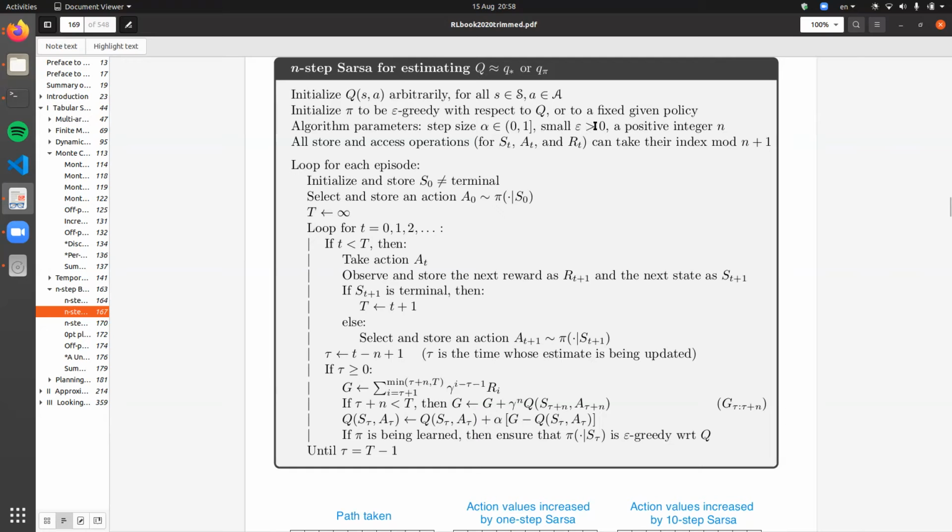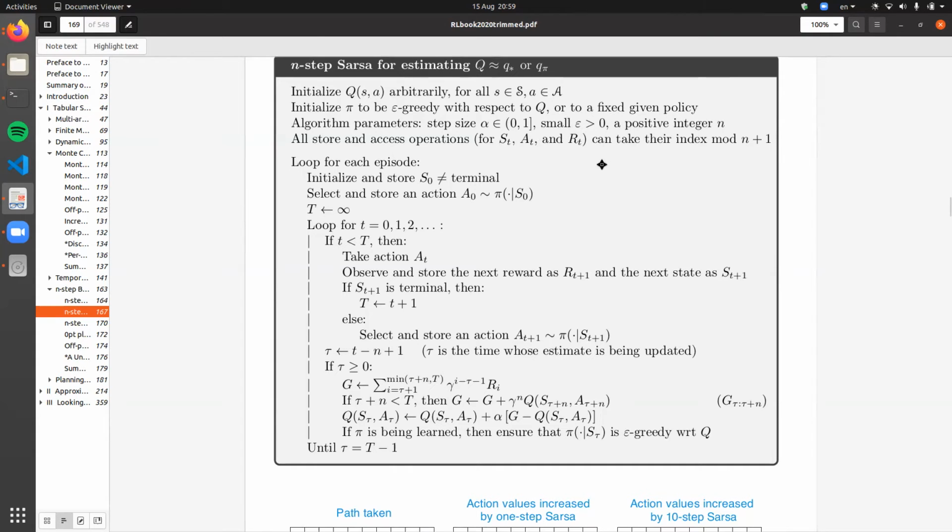Also, we select an epsilon, which in the chapters we viewed so far, we always use as a constant. And I was wondering, why don't we try to anneal it over the course of training?